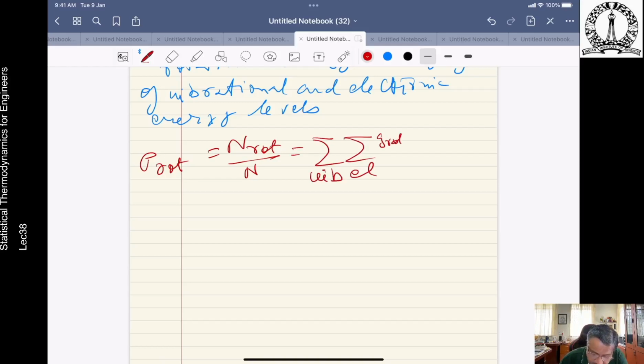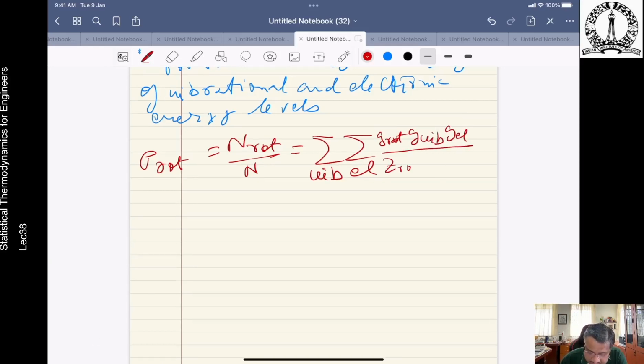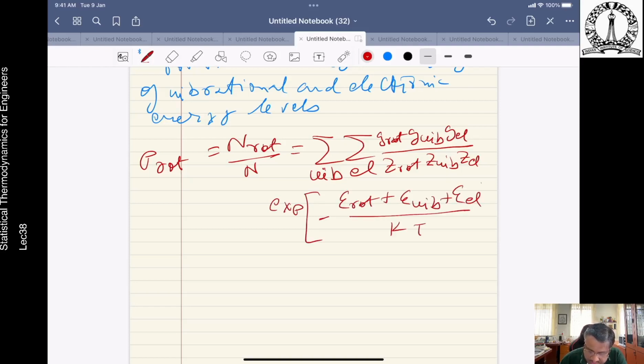So g rot, g vib, g electronic divided by Z rot, Z vib, and Z el. Everything is still within the summations, and the exponential is minus E rot plus E vib plus E electronic divided by kT.